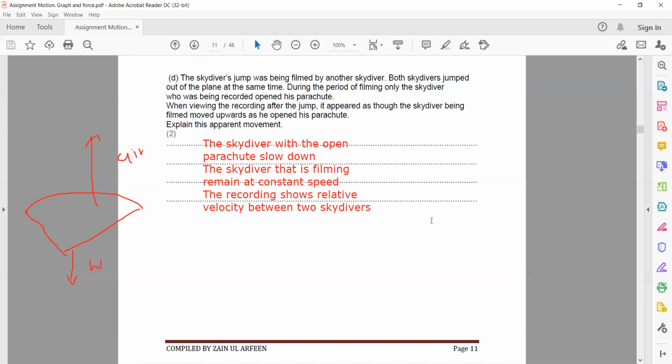So basically the one who opens the parachute will slow down, and the one who's accelerating will continue to accelerate. So when he's filming, it appears that this skydiver is moving upward. So it shows a relative velocity.